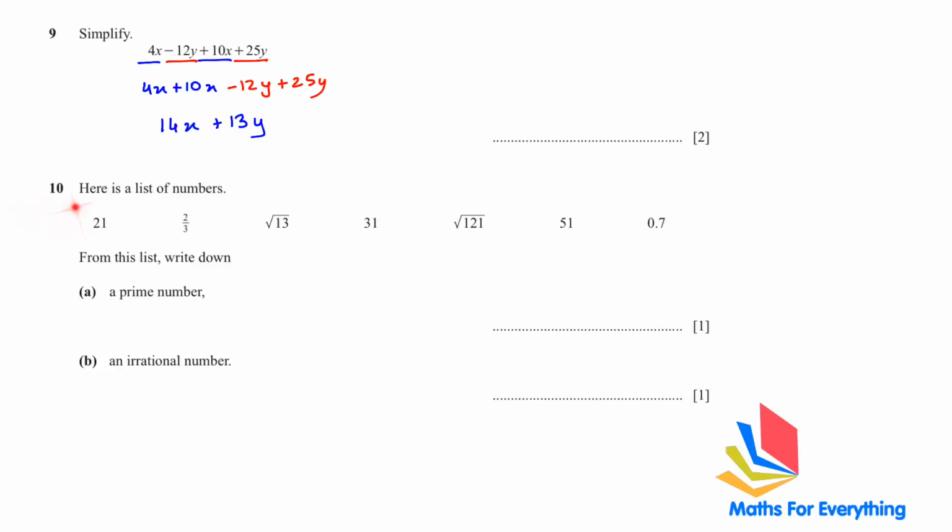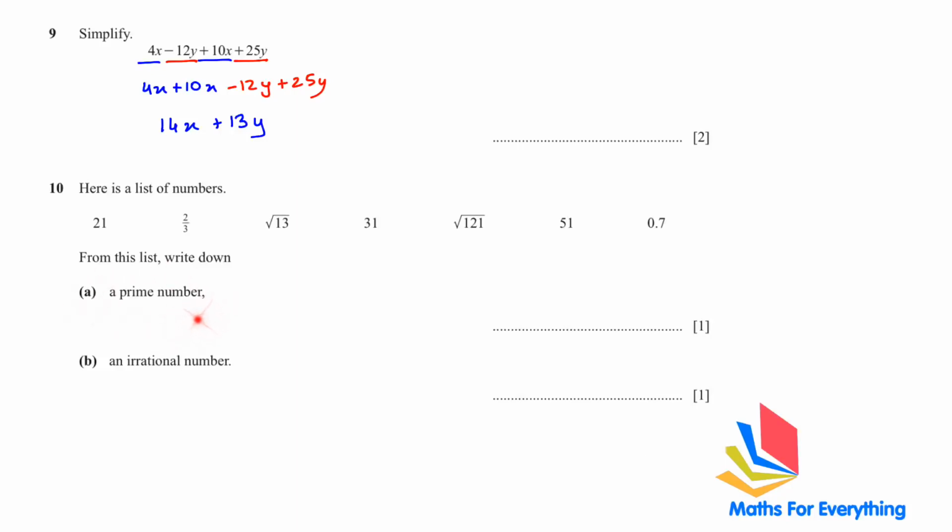Question number 10. Here is a list of numbers. We have been given a few numbers, and from this list we have to write down a prime number and an irrational number. I will put in the description a link to my video on different types of numbers. Do watch it. So what is a prime number?